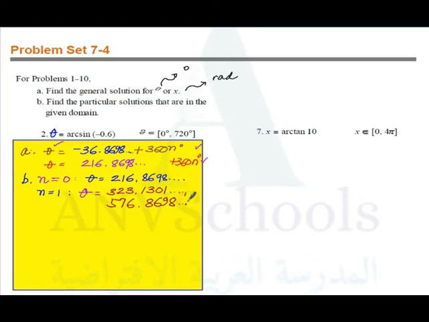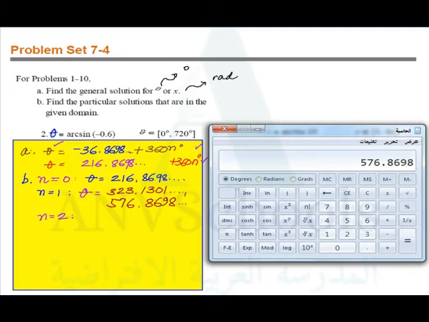Okay, now when n is equal to 2, then we will add 360 to this one and 360 to this one also. Let's do this first. Plus 360, that would be 936. So it couldn't be included anymore because the limit is 720 degrees.